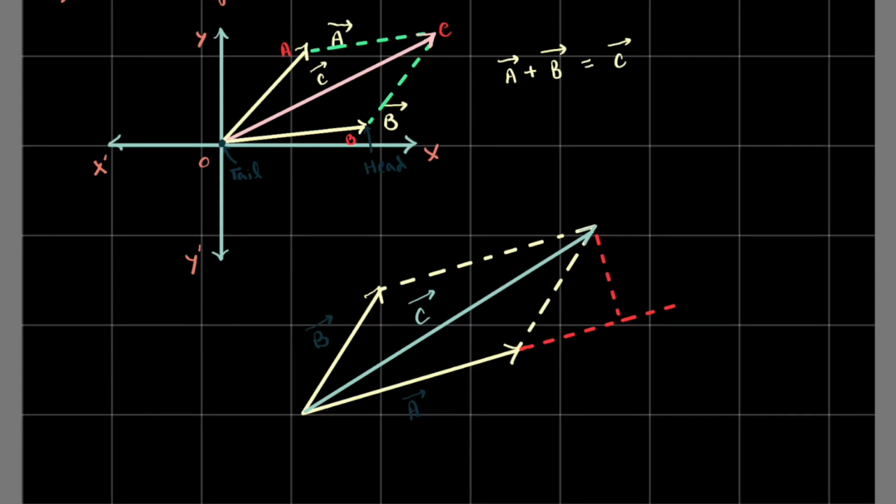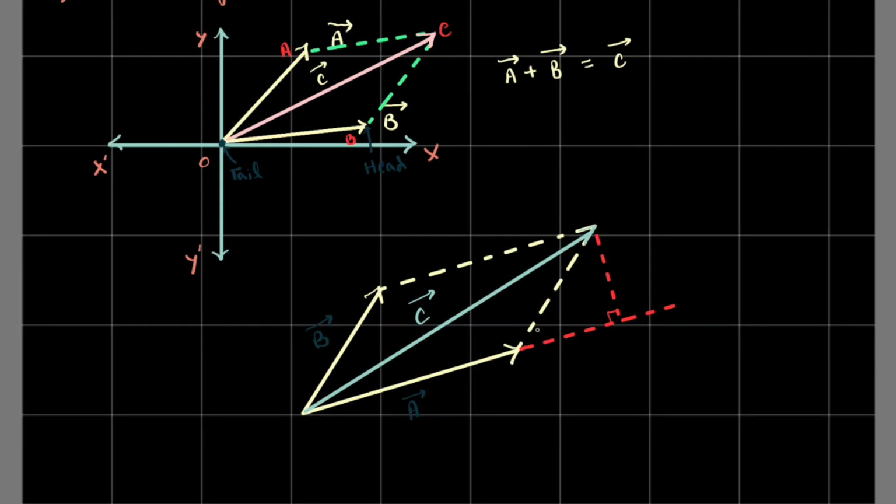Okay, and now let me proceed. Okay, this is the B vector, right? The B vector. So what do you think? Say the magnitude of this B vector is, suppose, 2 units.